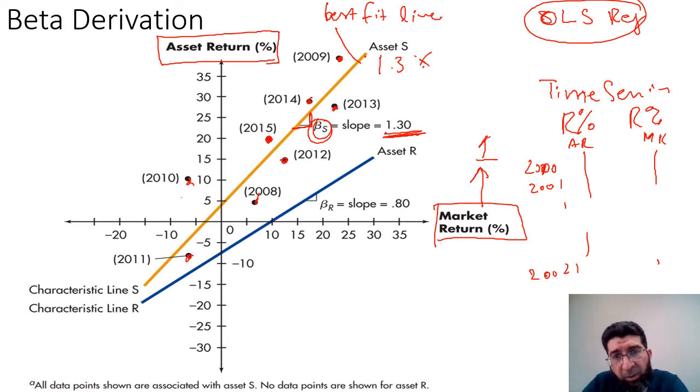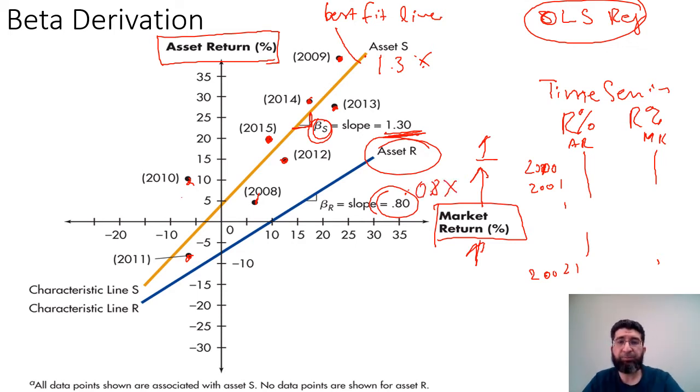So this is what the beta is. Also, we can look at another asset. Asset R is 0.8. So if the market increases by 1, the asset return will increase by only 0.8 times.